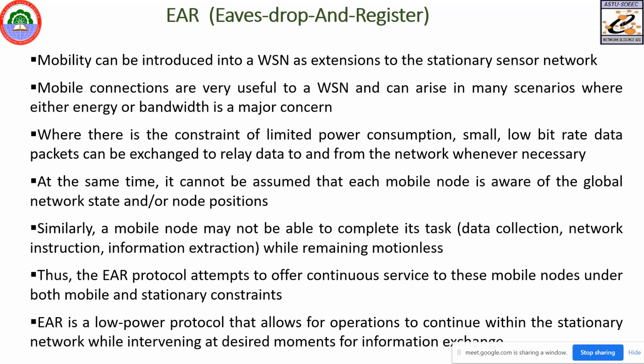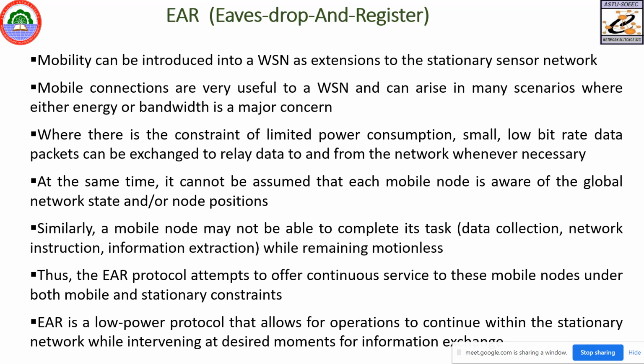Where we have limited power consumption and limited processing rate, the packets are exchanged to relay data from the network whenever it is necessary. It has to exchange the information even though there is a rule called limited power consumption.